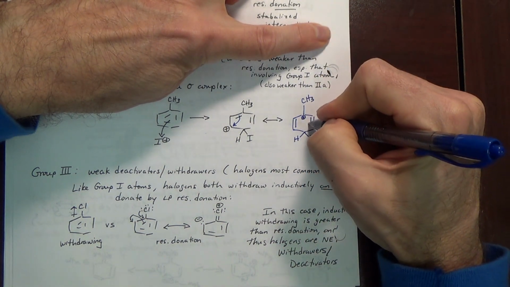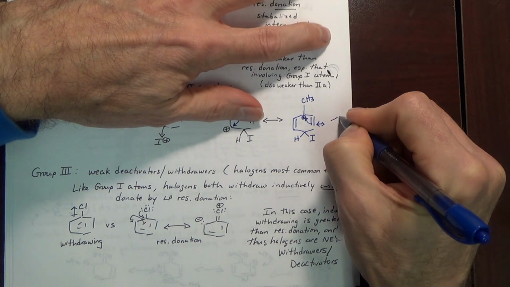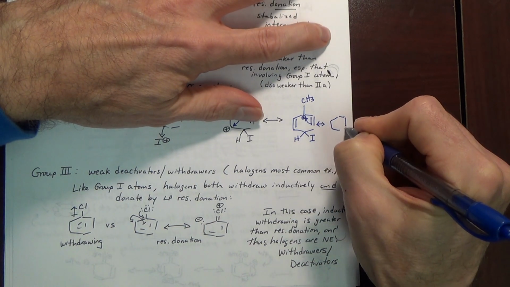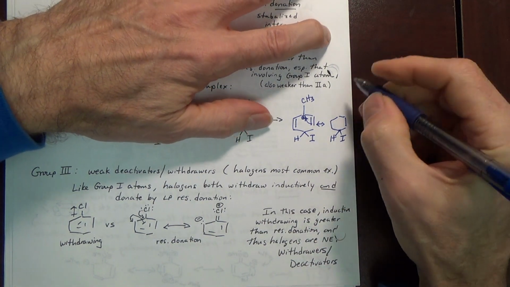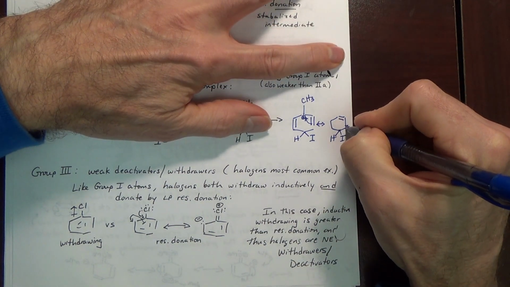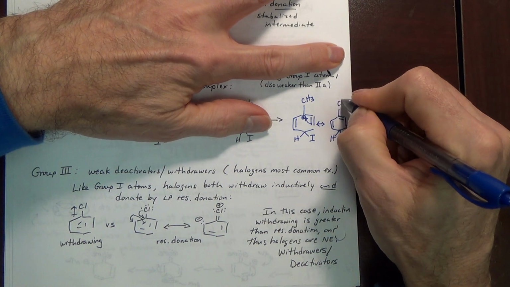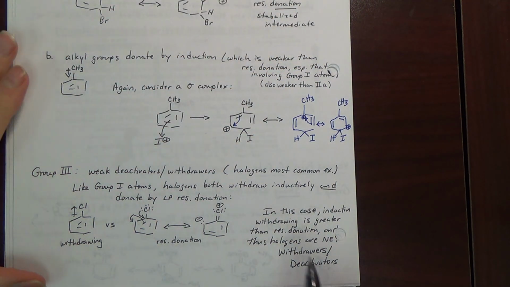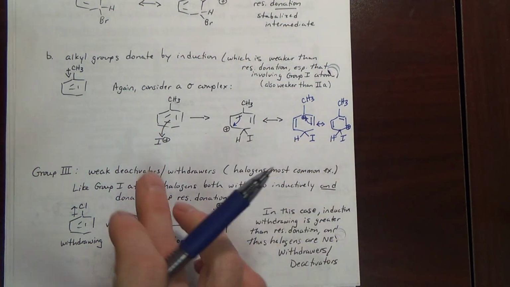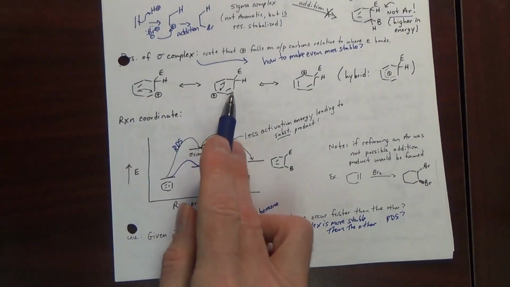And of course you can windshield wiper these up like this. Here are our 3 resonance structures, the same as we drew over here.